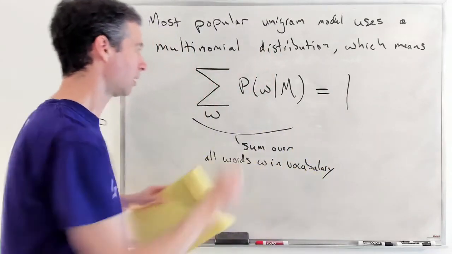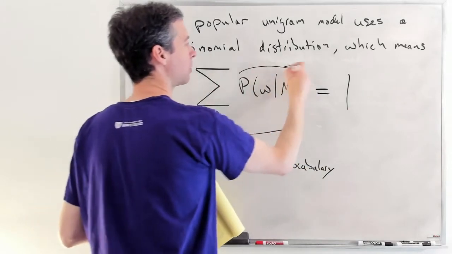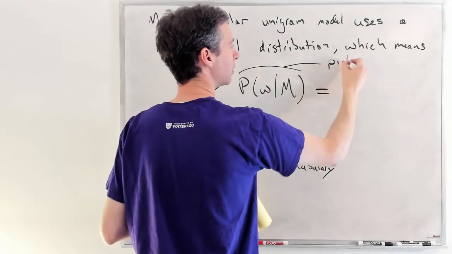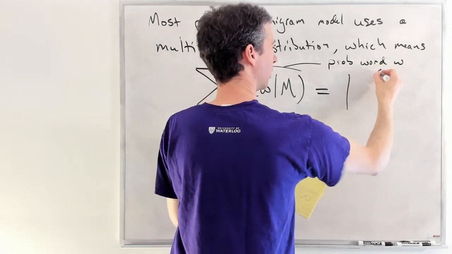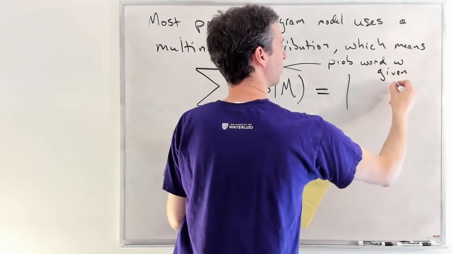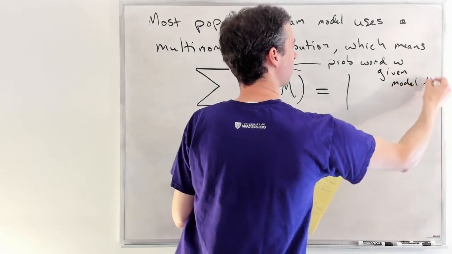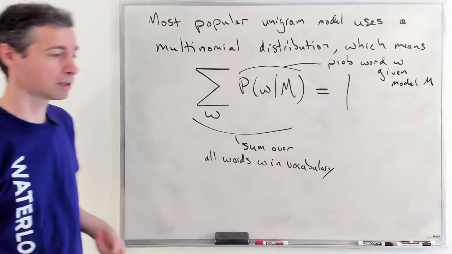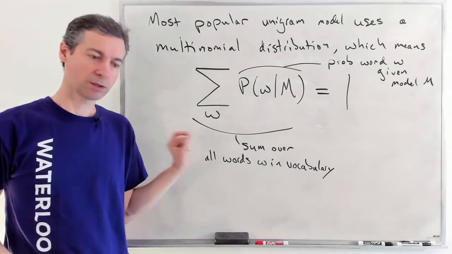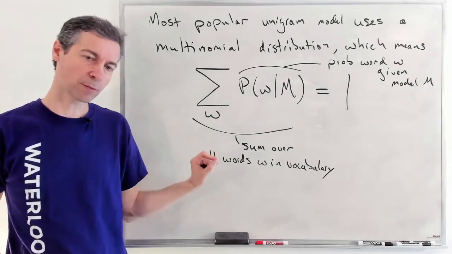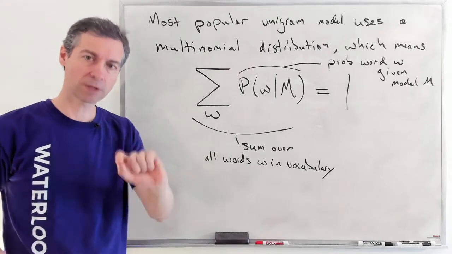All right, so again, this is the probability of word W given model M. Get that on the whiteboard for you. So the idea is we can go over every single word, and for that model, if we sum up all the probabilities, it'll sum to 1.